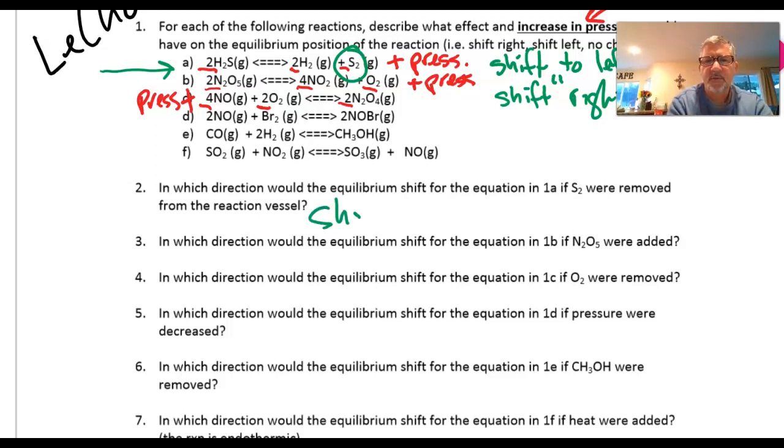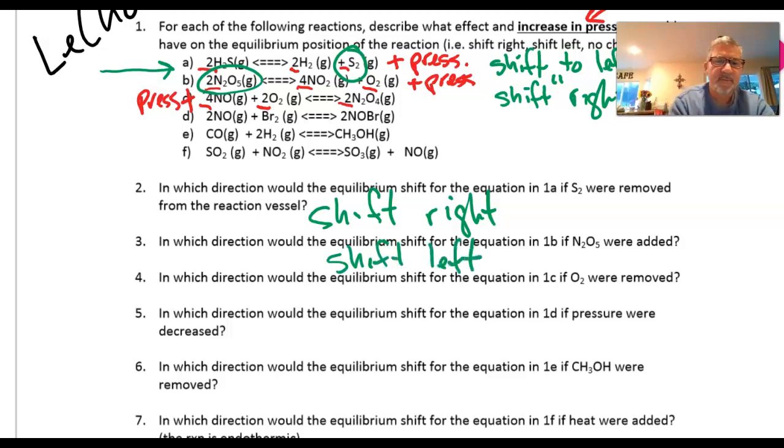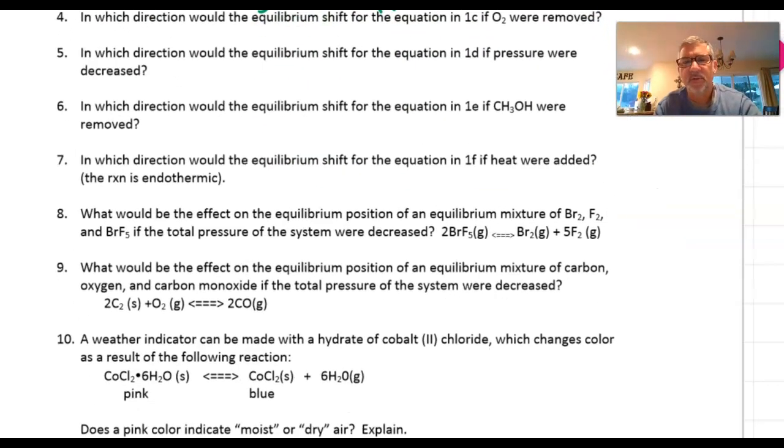So this should shift right. If you remove products, it produces more products. In 1B, if I remove this, it always moves toward what you remove. Hopefully you get that. You can do the rest of those problems that way.